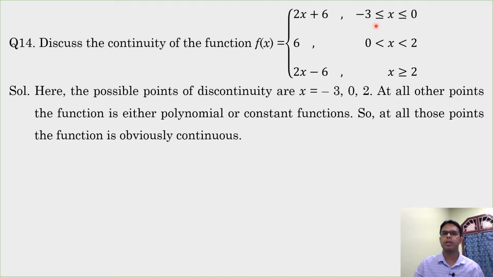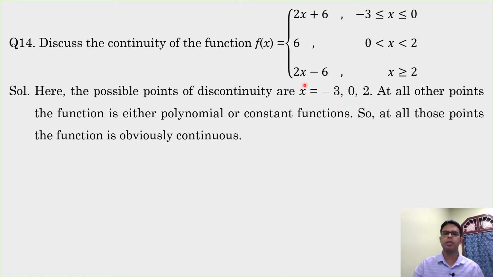These are the points where the function changes its format from one to another. That means the point -3, then less than 0 and greater than 0 are different, so that point is 0. Then less than 2 and greater than 2, that is another possible point of discontinuity.